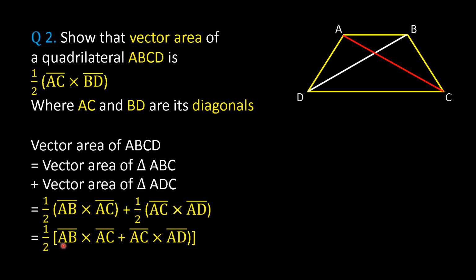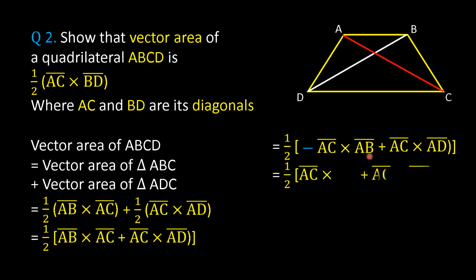We will write this AB bar cross AC bar as minus AC bar cross AB bar. In the next step, we will write AB bar as minus BA bar, because of which this minus sign will become plus sign.